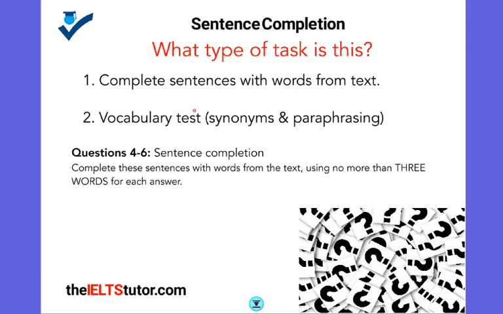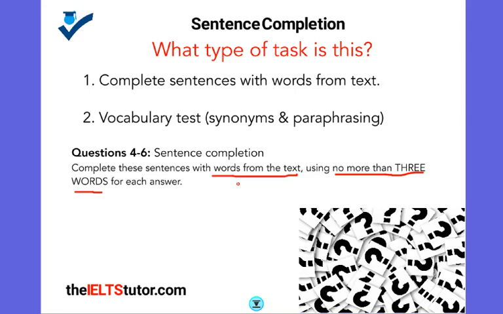And you will see the task type containing instructions like these: Complete these sentences with words from the text using no more than 3 words for each answer. So pretty much similar to what we've looked at before with short answer questions. Here we've got sentence completion also asking you to write no more than 3 words.